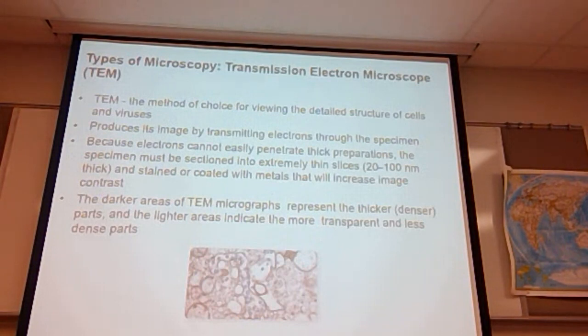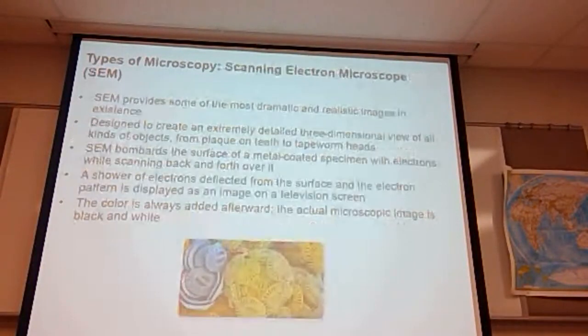Transmission electron microscopes, or TEMs. This is the method for seeing things that are exceedingly small or magnifying some things to a much greater extent. For instance, your light microscope may magnify things 1,000 times, whereas your transmission electron microscope may magnify it 35 or 40,000 times.